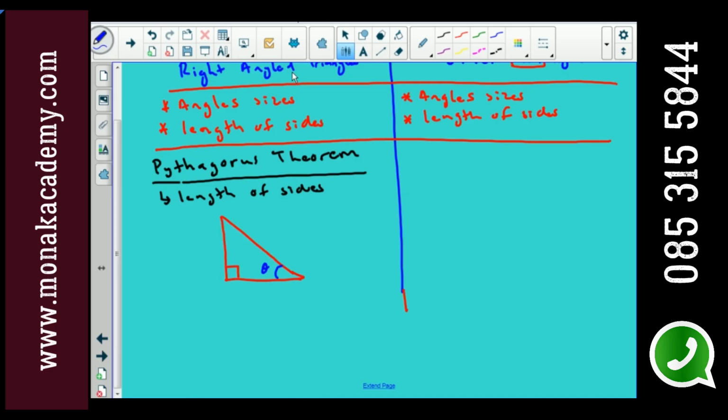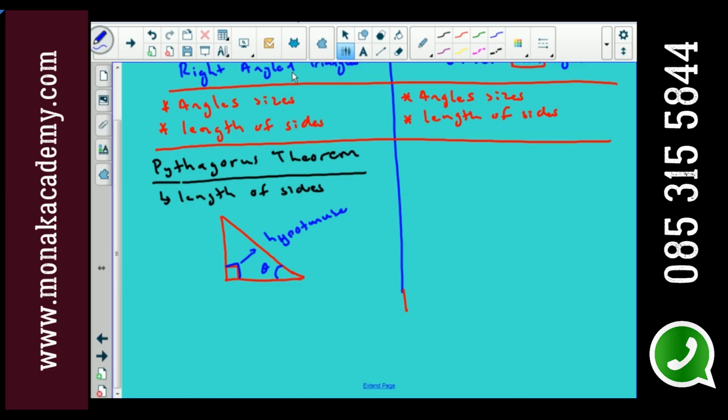How? We know always that the side that will be opposite to the 90 degrees is called the hypotenuse. You'll have to forgive me with the spellings.